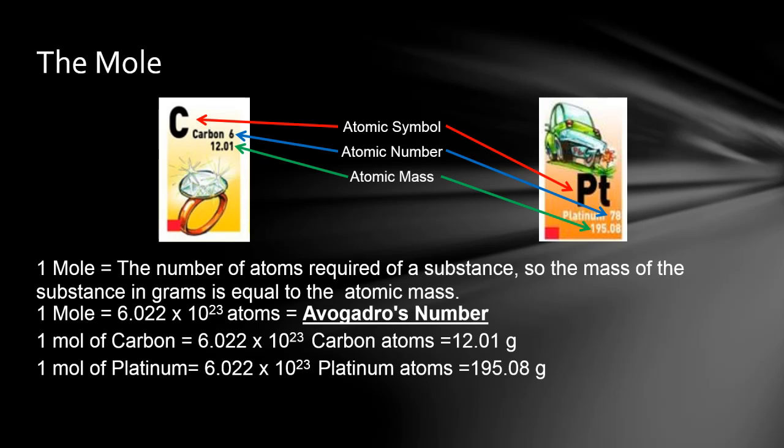Whereas 1 mole of platinum is going to have 6.022 times 10 to the 23 atoms in it, but it's going to have a significantly larger mass than the carbon at 195.08 grams.